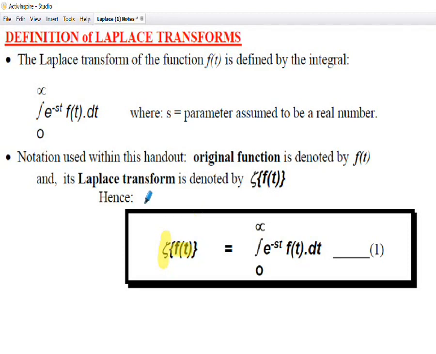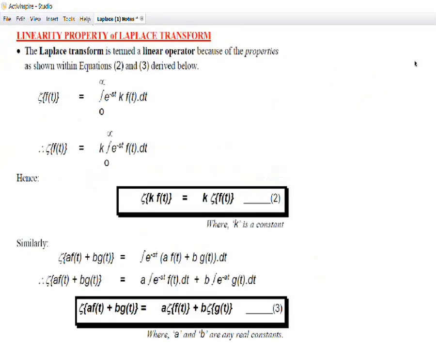It's some function that we'll be looking at in our analysis, and we're told from the definition that the Laplace transform of the function of t is defined by e to the power minus st multiplied by the function of t, integrated with respect to t between the limits of 0 and infinity, and all Laplace transforms are derived from this definition.